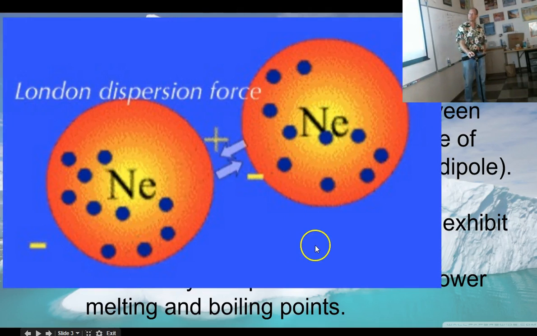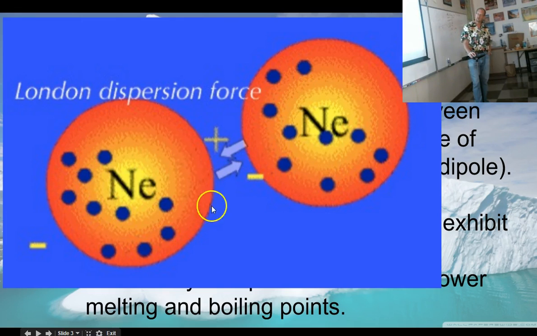A picture real quick just to help you see this. We can have a London dispersion force on an individual atom too, where as the electrons are orbiting this neon atom, there happen to be more of them on this side. And if the electrons orbiting this neighboring neon atom were to be more on this side for just a moment, then this region is sort of positive and this region is sort of negative, and they'll attract each other.